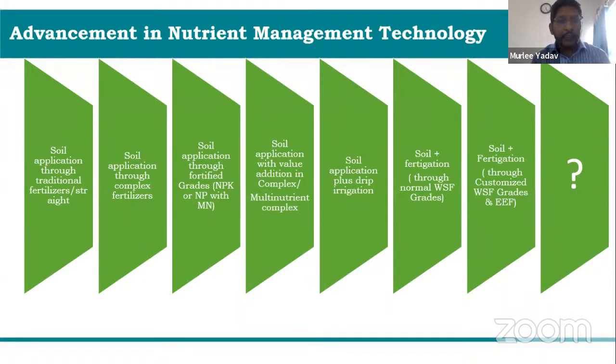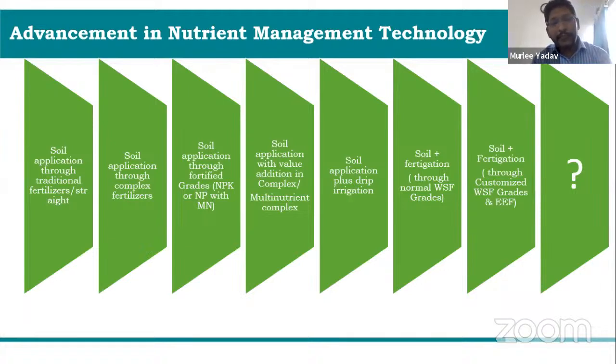After that, fortification started in NPK fertilizer or NP fertilizer with secondary and micronutrients. Then this fortification happened in the complex form. I can quote the example of Deepak Fertilizer. Deepak Fertilizer has developed a customized grade in complex form, where primary, secondary, and micronutrients are there in a complex form. In that case, their use efficiency is much better in comparison to traditional straight fertilizers.